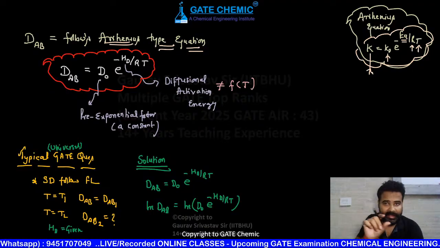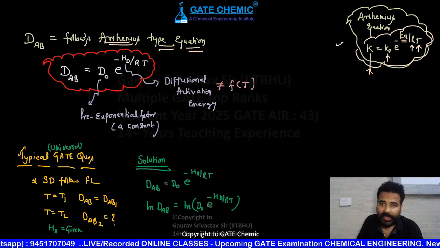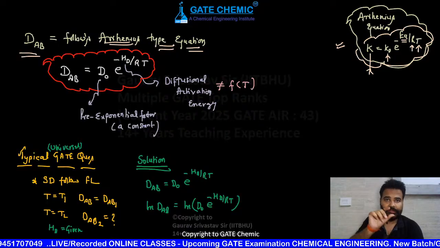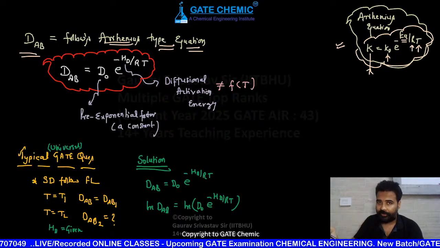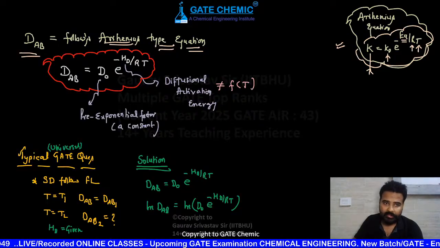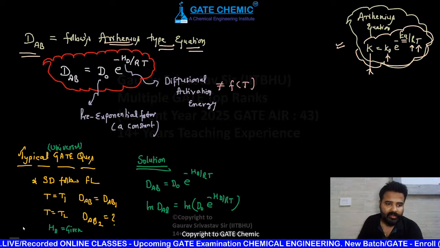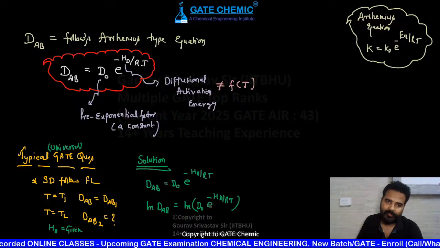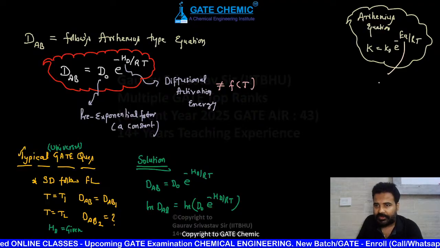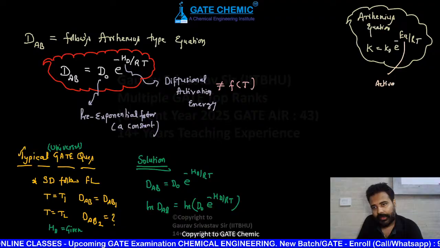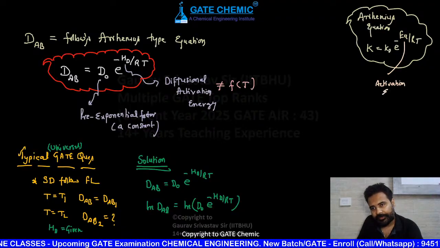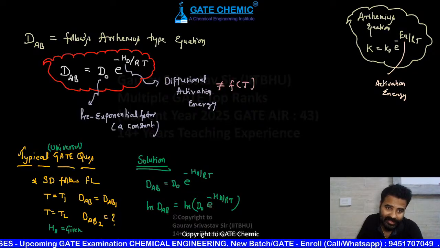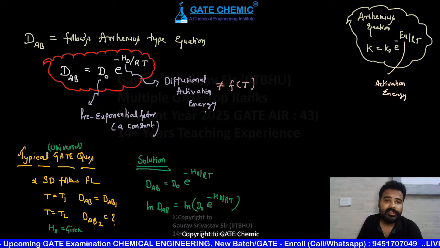Now just see the analogous nature. A similar type of equation you can see here also. When diffusion is occurring in solids following Fick's law, then in that case you can write DAB as D naught e raised to power minus HD by RT, where EA was the activation energy, whereas this HD is the diffusional activation energy.